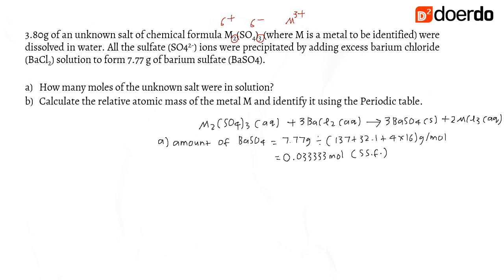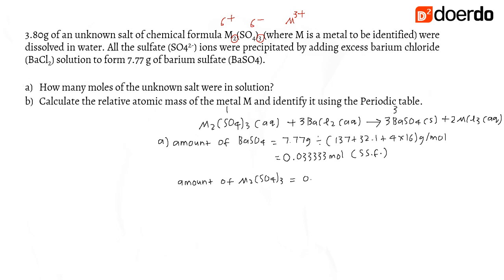So now let's continue from here. The amount of unknown salt, which is M2(SO4)3, is going to be 1/3 of your 0.03333 moles, because the mole ratio here is 1:3.